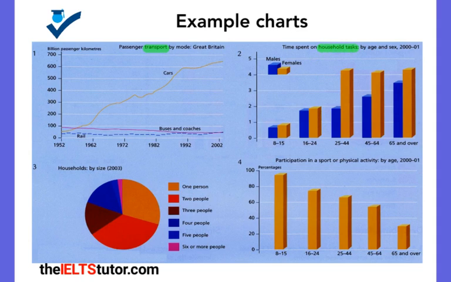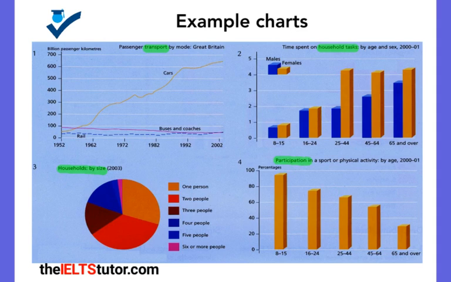Illustration 3: what aspect of life does it refer to? It refers to household size, the number of people in a household. And illustration number 4 should be about participation in sport or physical activity.